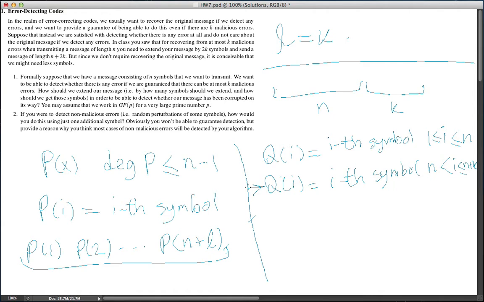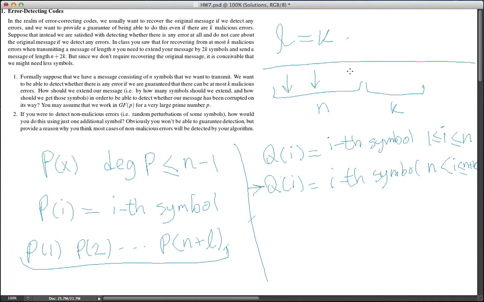So, in reality, some places are corrupted and some places are not, right? But we know that at least n places are not corrupted, because we can corrupt at most k different places, and we have n plus k places in total, right? So there are at least n different places that are not corrupted.